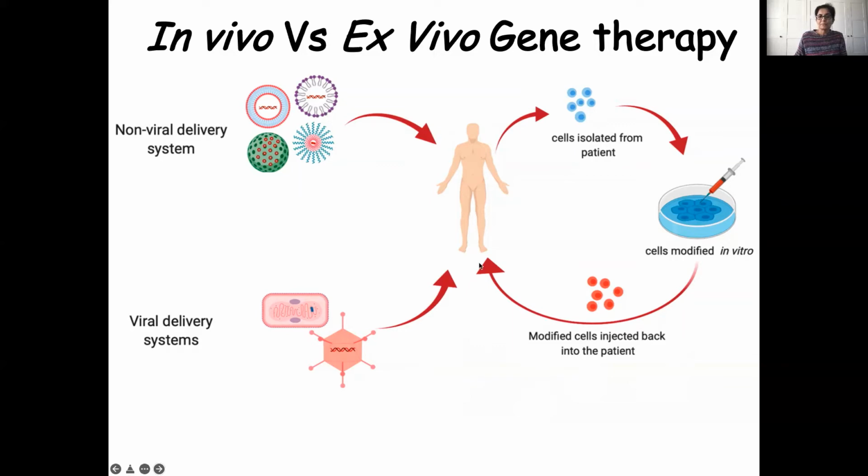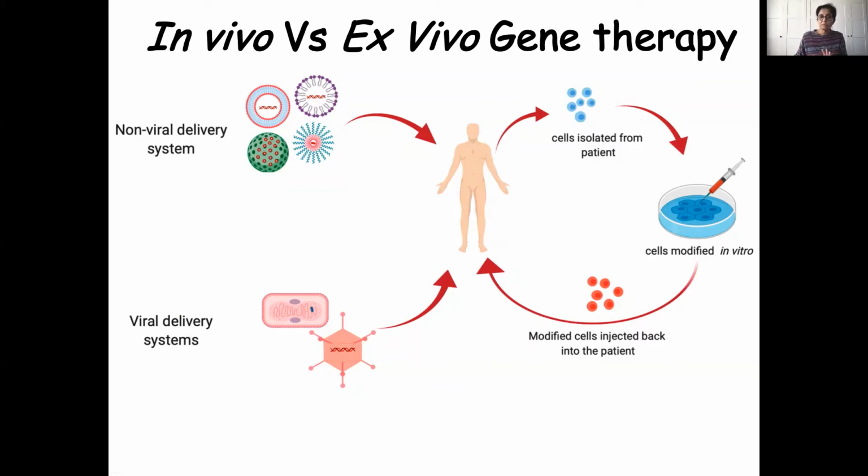The other approach that has been used is that we can take patient cells out of the patient. We can repair those cells with gene therapy and then reinfuse those cells into the body. That approach is called ex vivo. So you take cells out and then manipulate them and then put the corrected version of cells into the body.